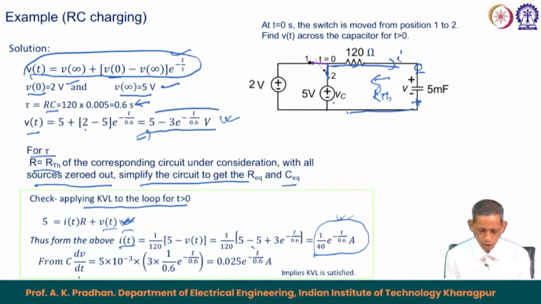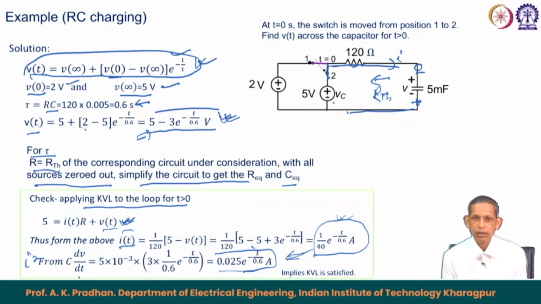Differentiating the voltage across the capacitor, we get 0.025 minus t upon 0.6, and these two are the same. So the KVL relation is satisfied using this expression, which means the equation we obtained by applying this formula is valid. Okay.